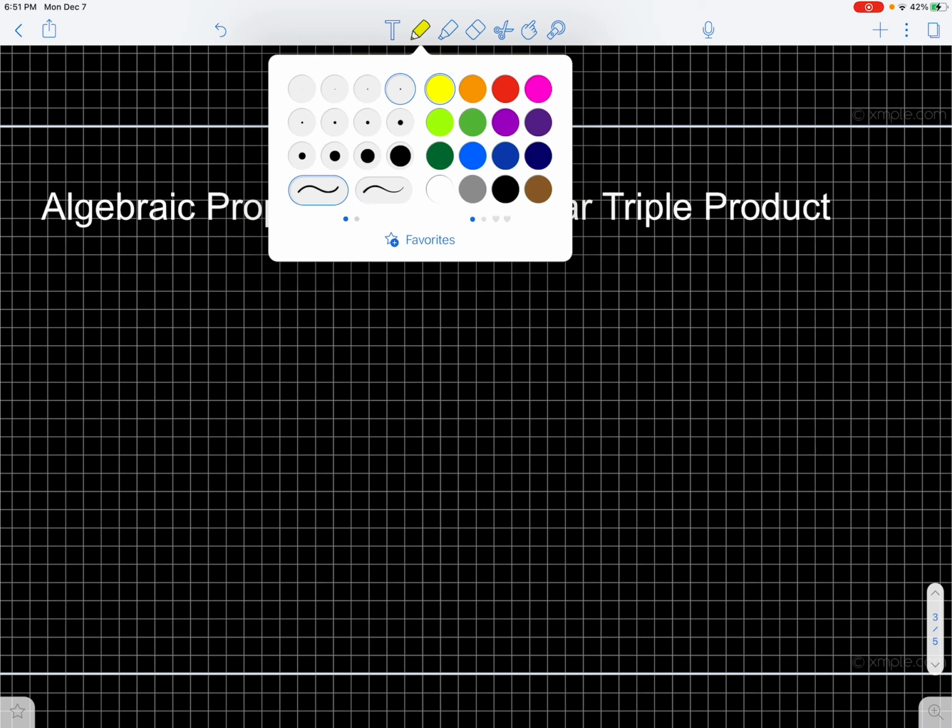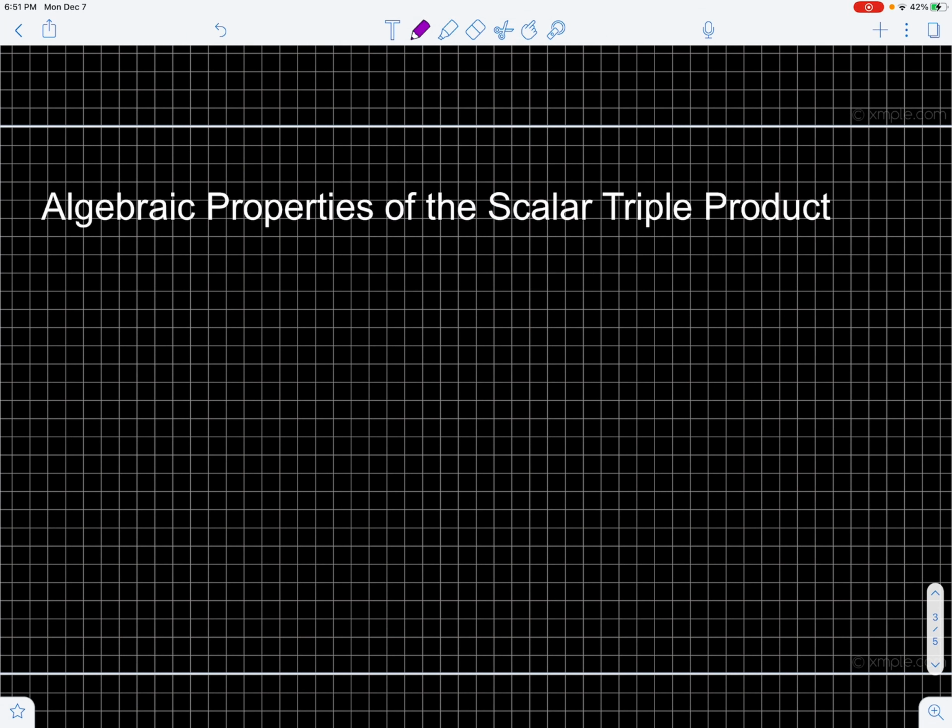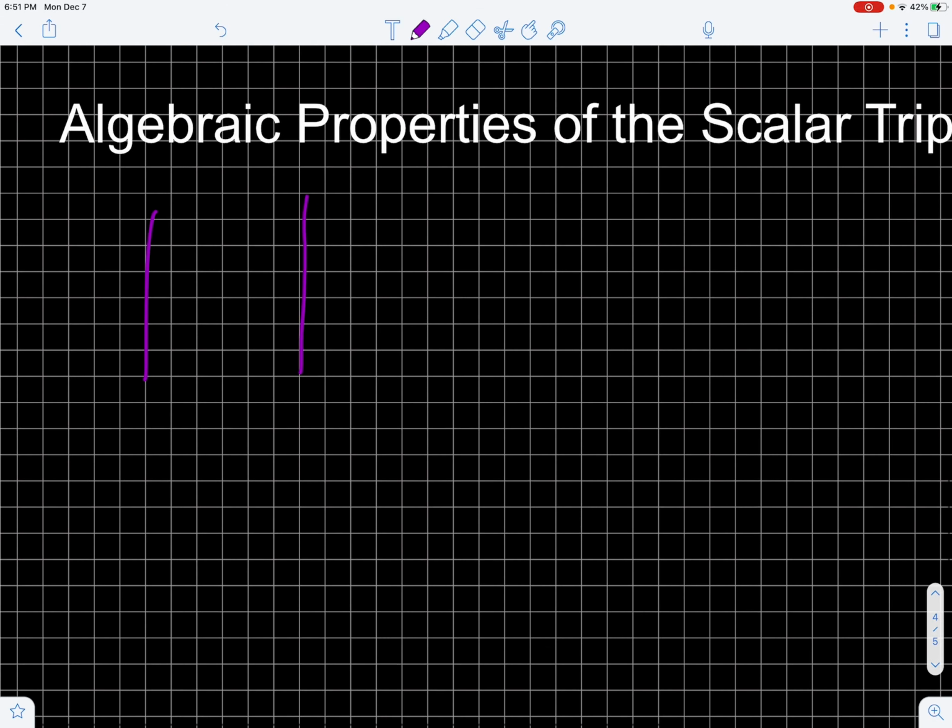All right. So algebraic properties of the scalar triple product. There are some properties that we can glean just from the nature of a determinant.